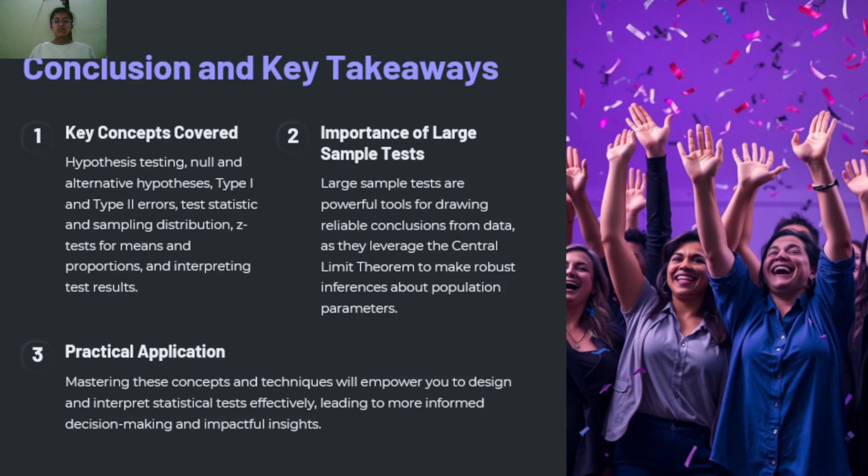Large sample tests are powerful tools for drawing reliable conclusions from data, as they leverage the central limit theorem to make robust inferences about population parameters. The practical application here is that mastering these concepts and techniques will empower you to design and interpret statistical tests effectively, leading to more informed decision making and impactful insights.